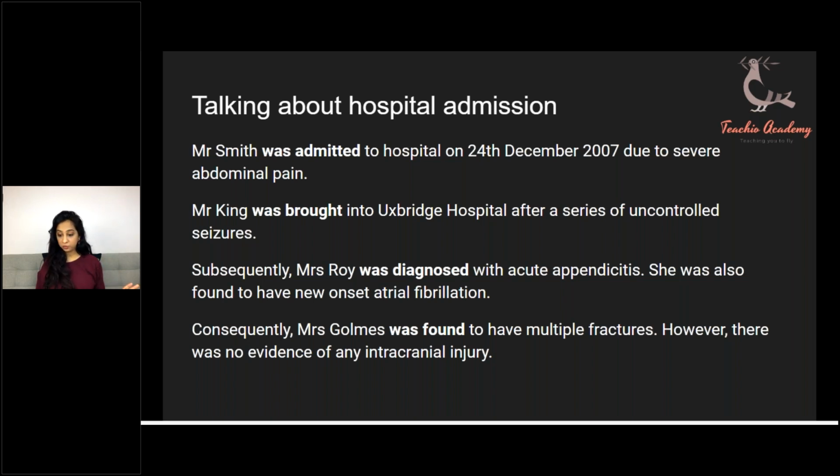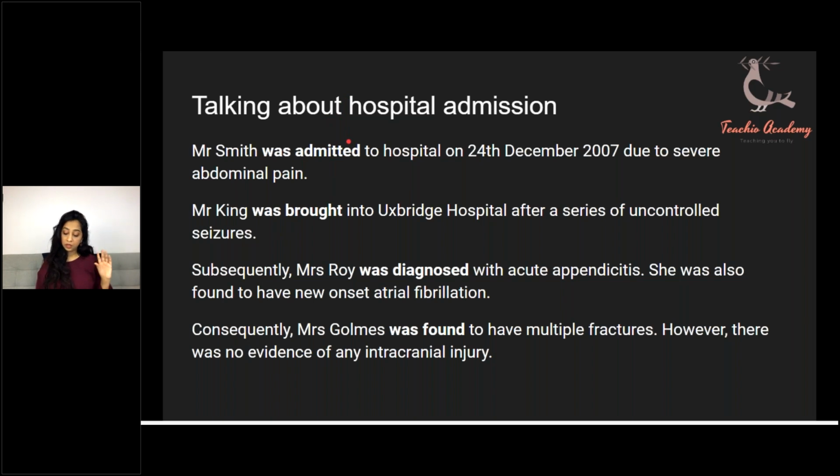This was covered by Manoj sir in a previous session. So if you go to our YouTube channel, you should be able to get that question answered. But this is just a cheat sheet. So if you're talking about an admission into a hospital, then "was admitted" and "was brought" are two ways that you can write this.